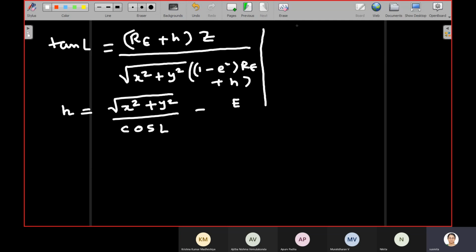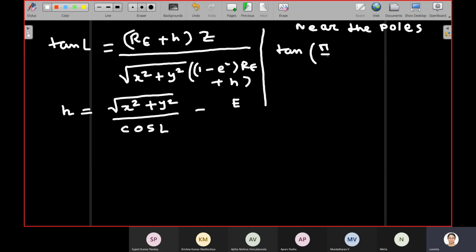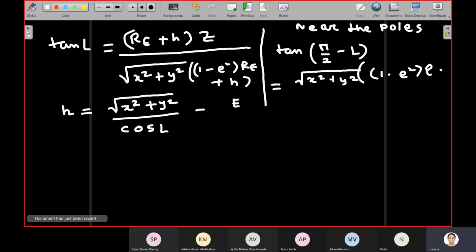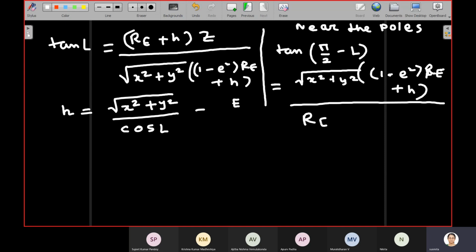Now when the user is near the poles, instead of finding tan L, we find cot L. Just need to reverse the whole thing. This is for the latitude.